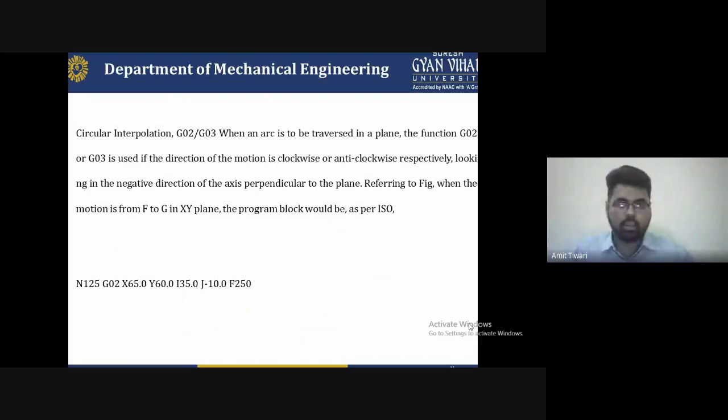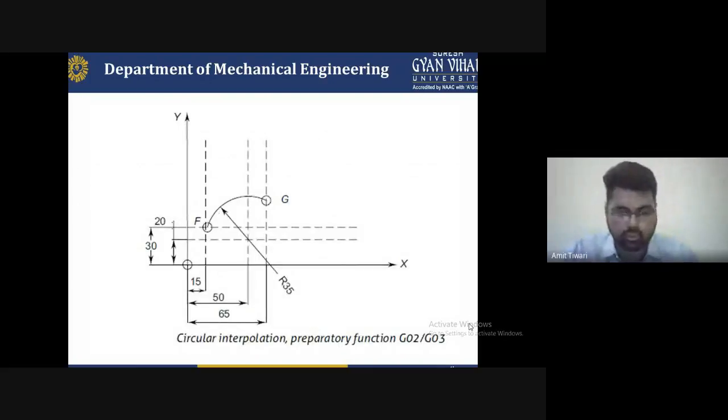You have to mention what type of cutting and what plane you are using for the circular interpolation, and the starting point, with a mark for the datum line or any other reference point. These are the circular interpolations using G02 and G03 codes.